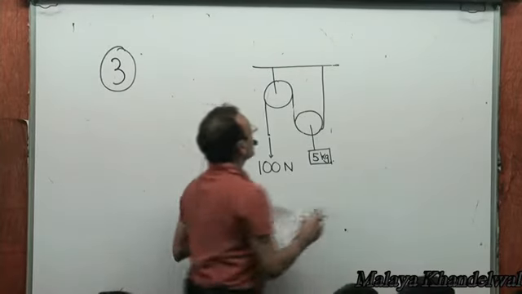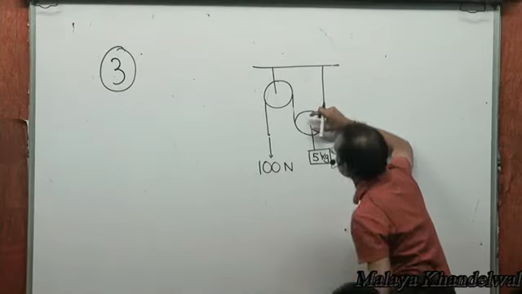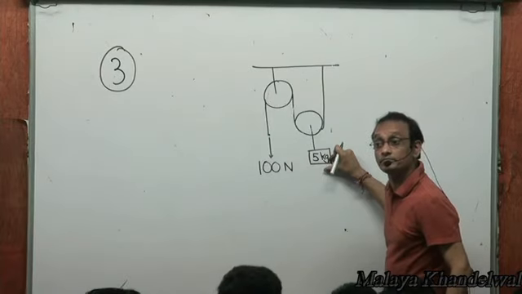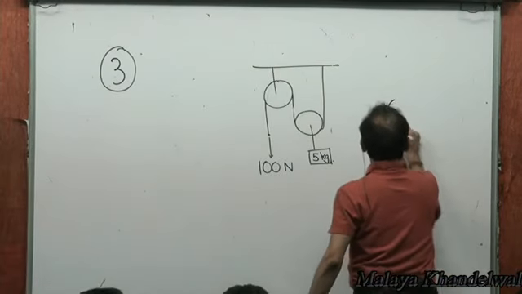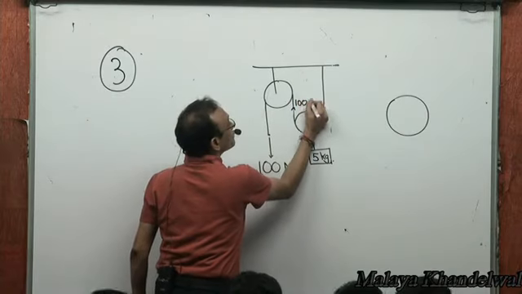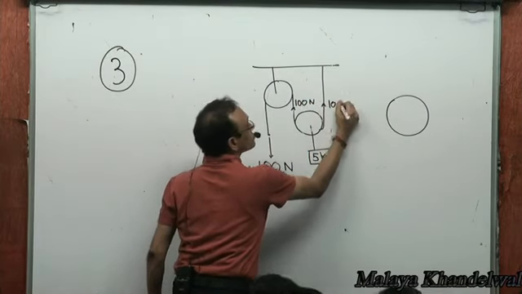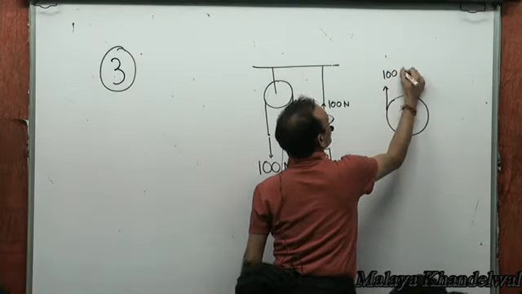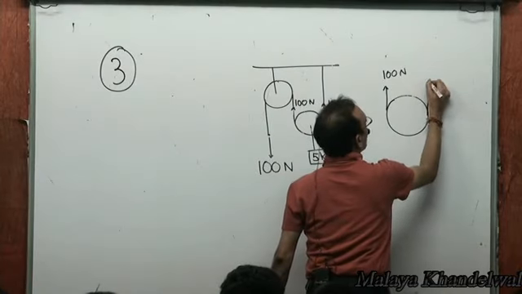Isn't it? Now let me look at the free body diagram comprising this pulley, this short segment and this mass m, right? So very clearly there is going to be 100 newtons here, 100 newtons here, 100 newtons here.